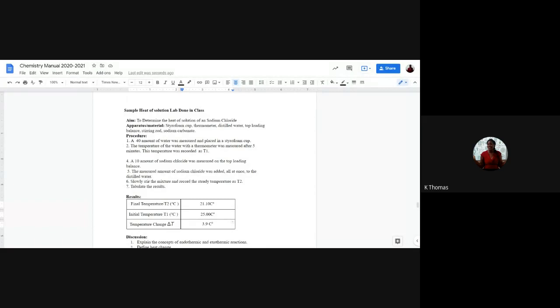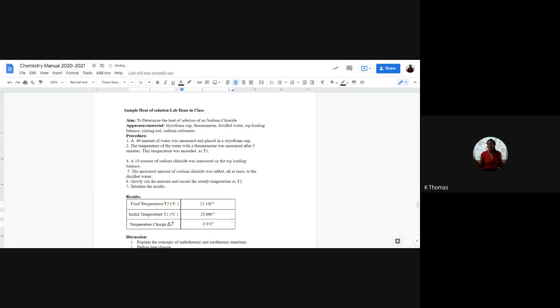So the final temperature minus the initial temperature gives me negative 3.9 degrees.